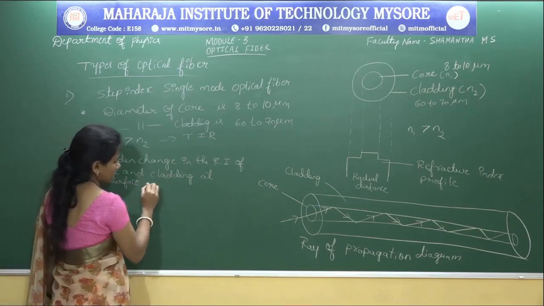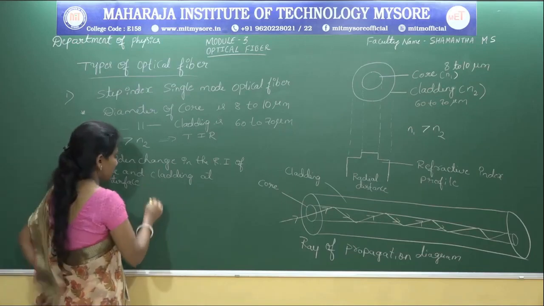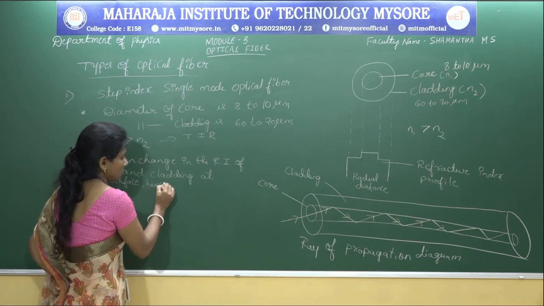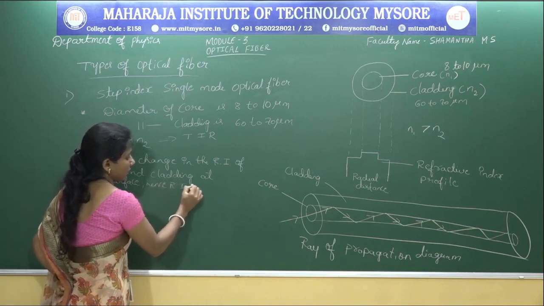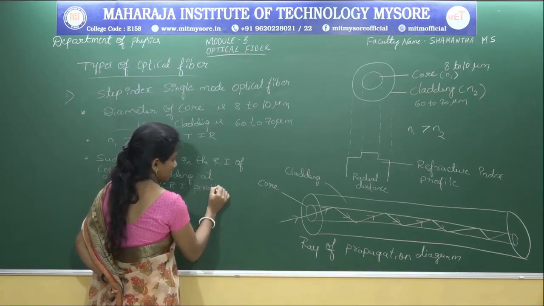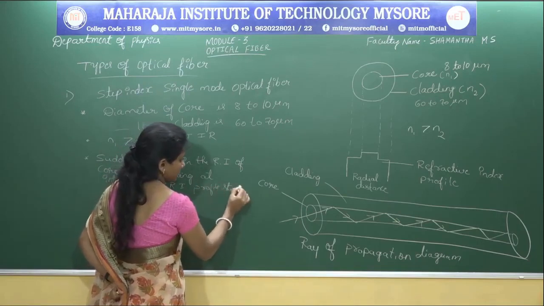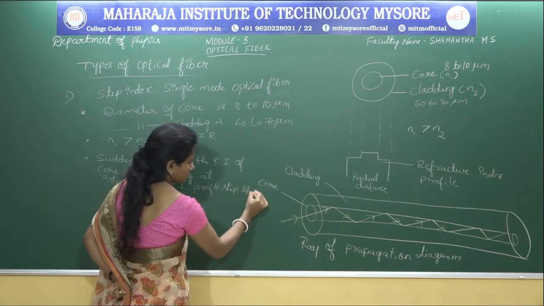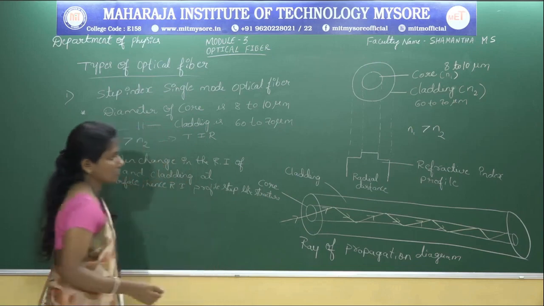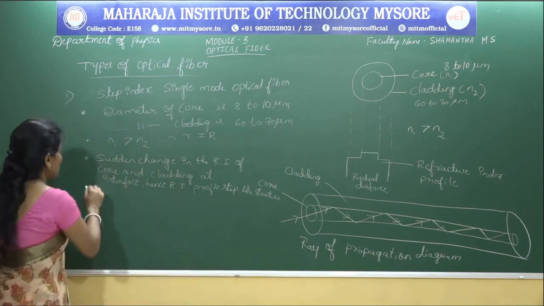That's why it takes a step-like structure, hence the refractive index profile is a step-like structure.